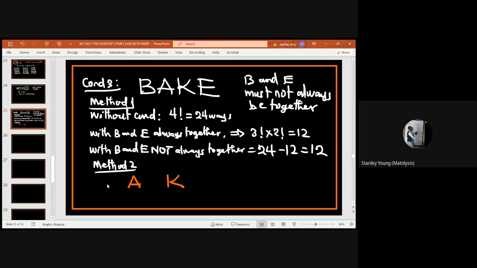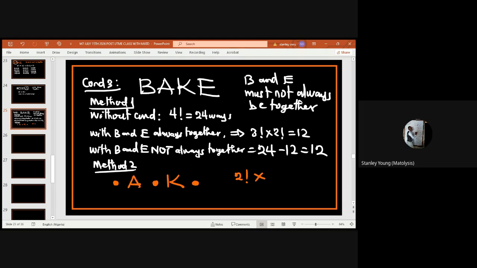Now I have 3 different spaces that B and E can be in. What's the number of ways of arranging just A and K? 2 ways. Good, so that's 2 factorial ways, times.